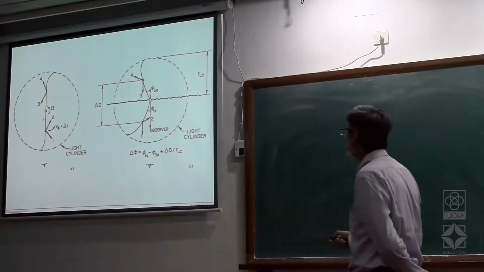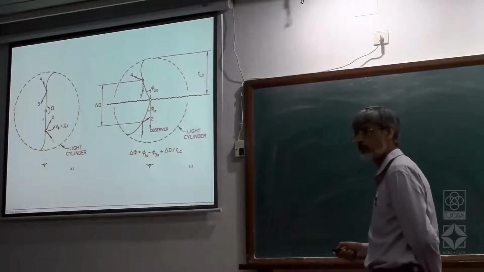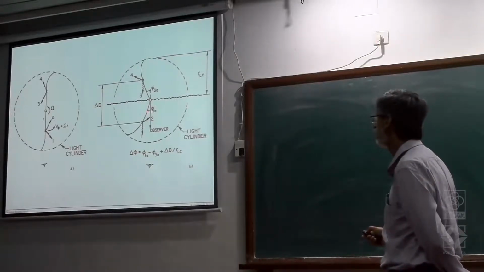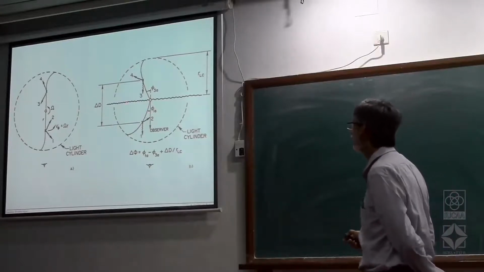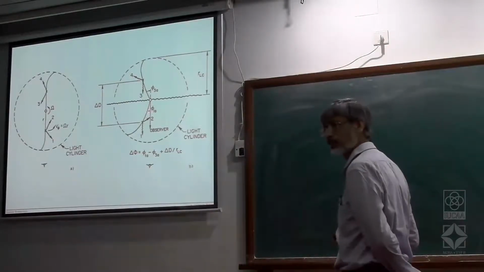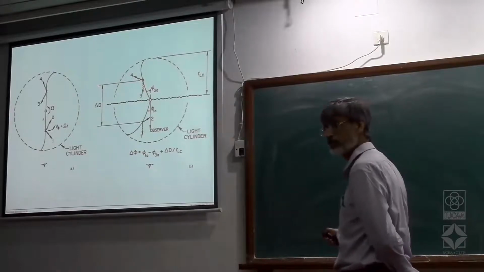So if I want to know how long it will take, this wiggly line separating these two is basically two different times. With respect to this, this is an earlier time by 510 phase, and this is a later time by 530 phase.